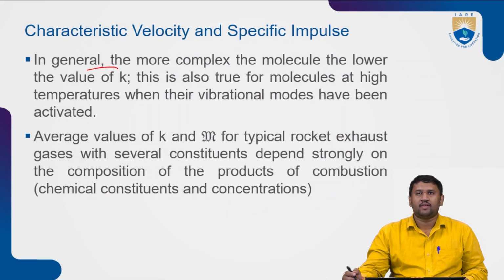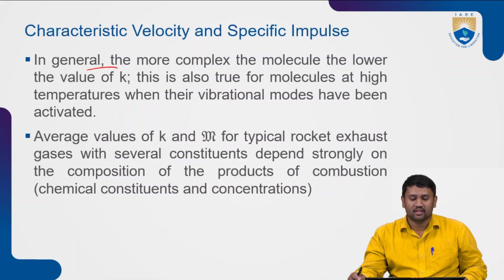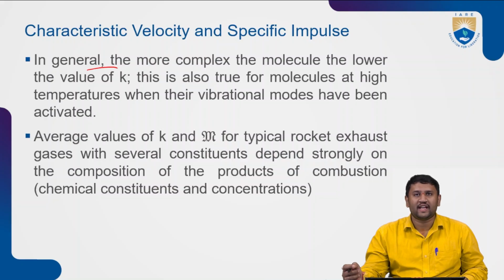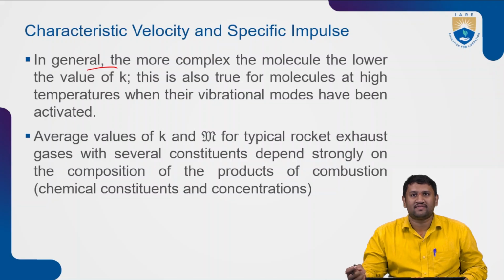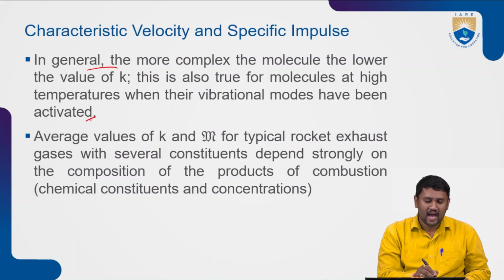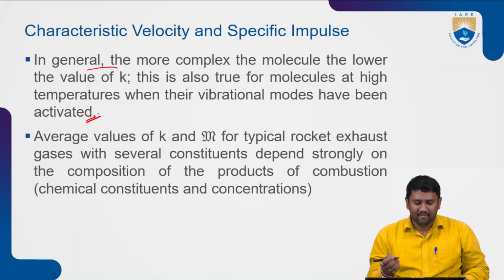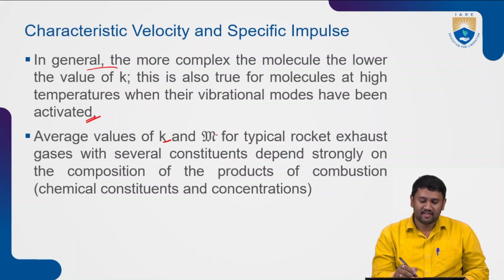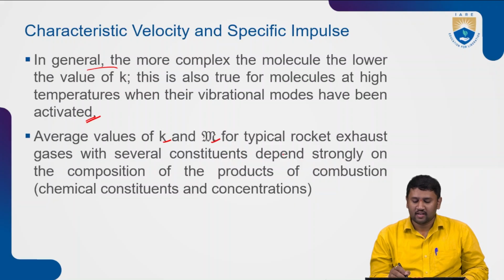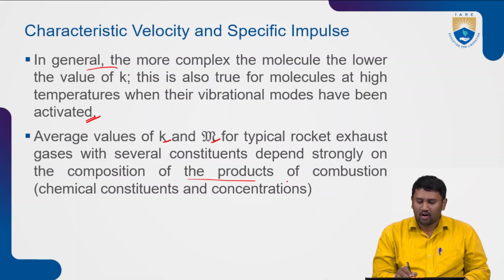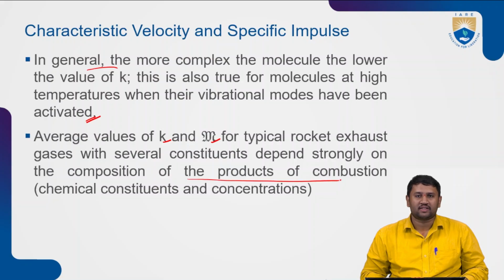In general, the more complex the molecule, the lower the value of K. This is also true for molecules at high temperatures when their vibrational modes have been activated. The average values of K, the gas constant, as well as the molecular mass for a typical rocket exhaust gas with several constituents depend strongly on the composition of the products of combustion, particularly the chemical constituents and their concentrations.